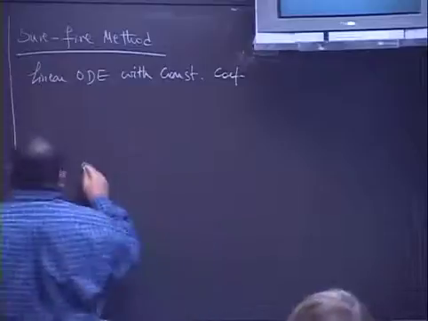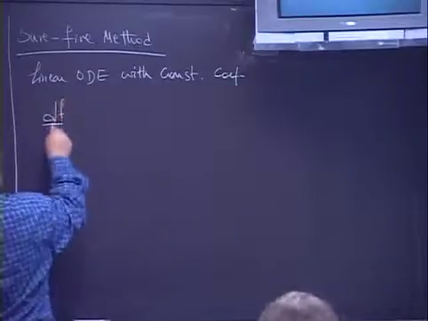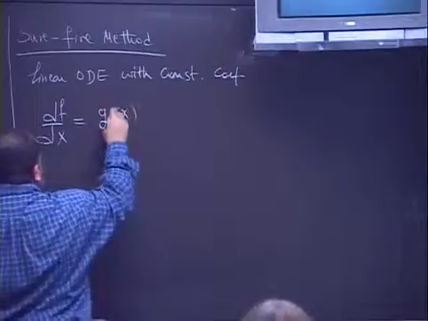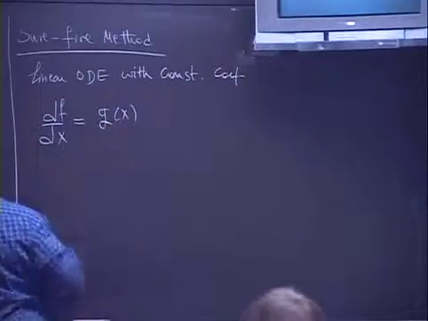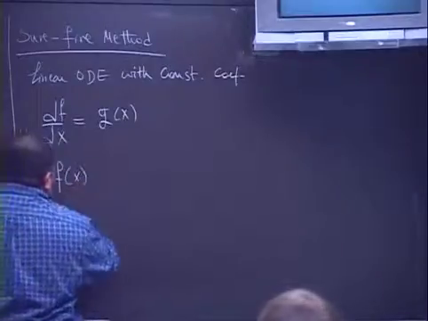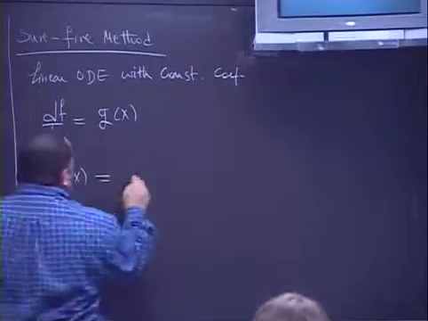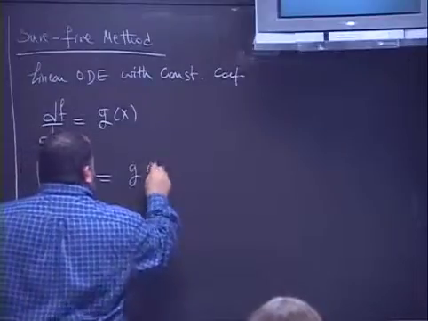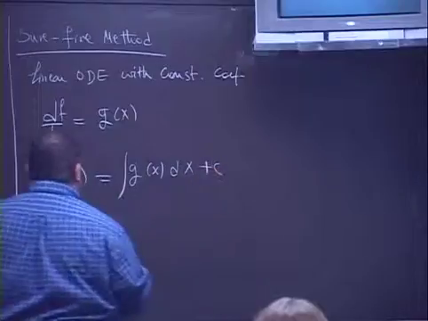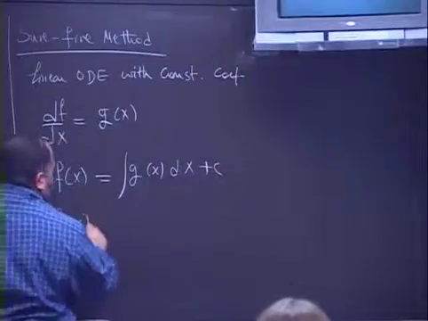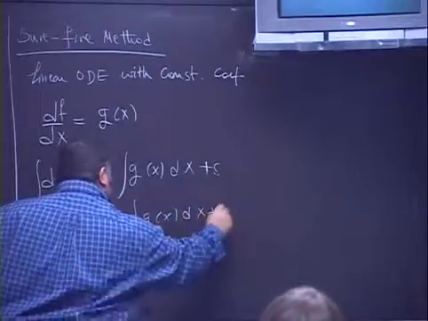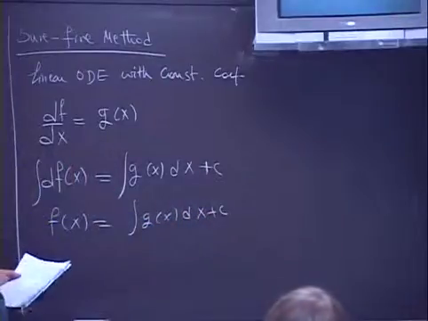So again, you knew that if df by dx equal to g of x, how to solve this equation? Usually you will say df equal to g of x dx, you will integrate plus some constant, yes? And your f of x will be just the integration of g of x dx plus this constant here.